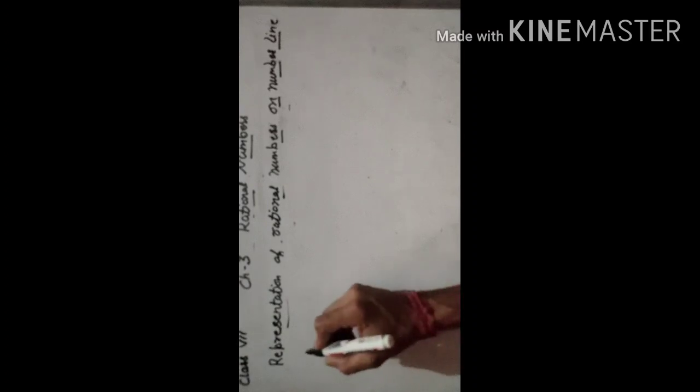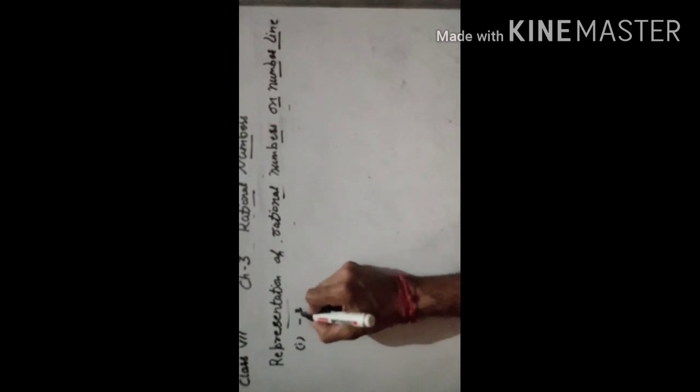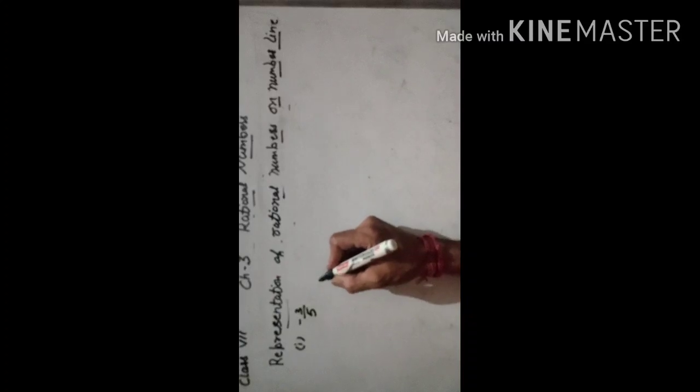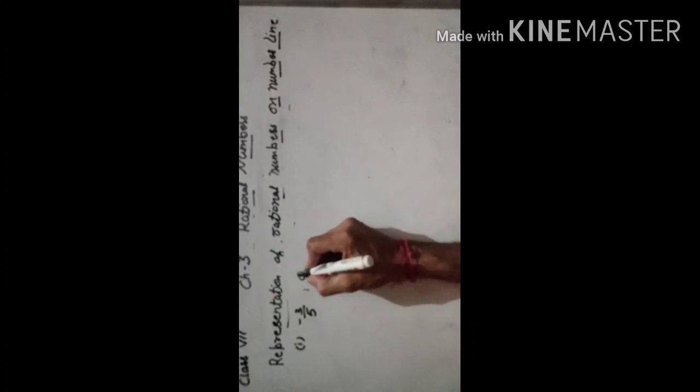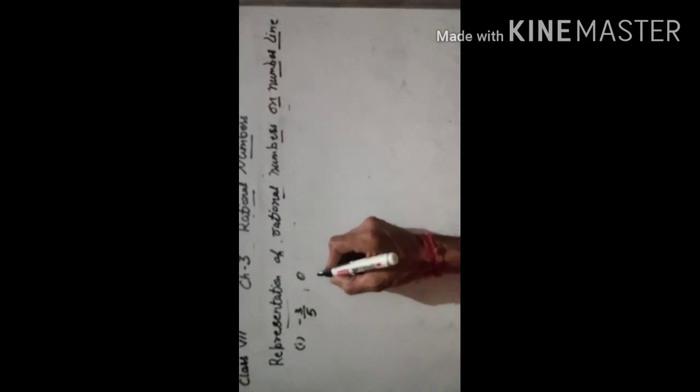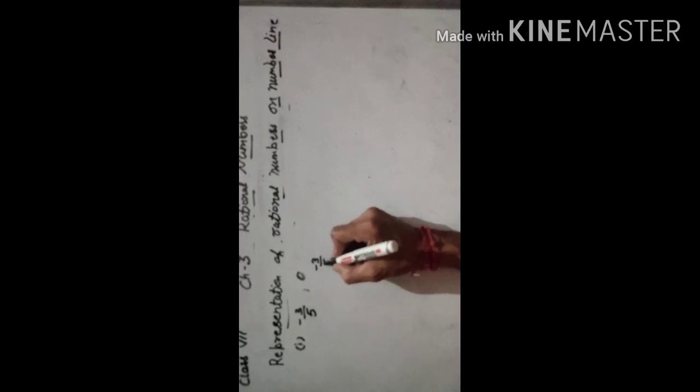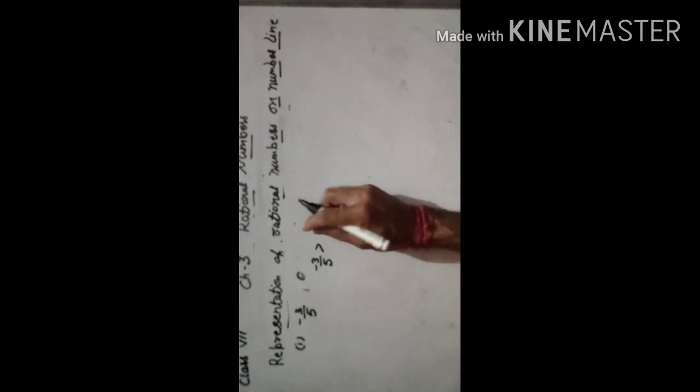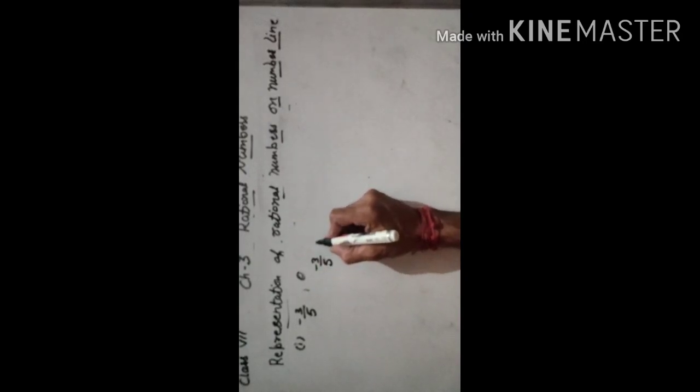Which of the two rational numbers is greater in each of the following pairs? First is -3/5 and 0. We know a negative number is always smaller than 0, so -3/5 is less than 0.